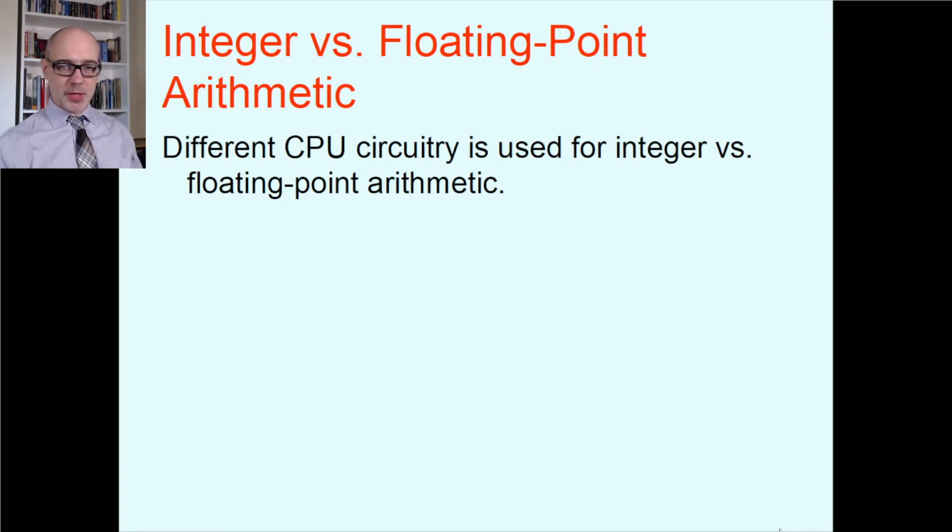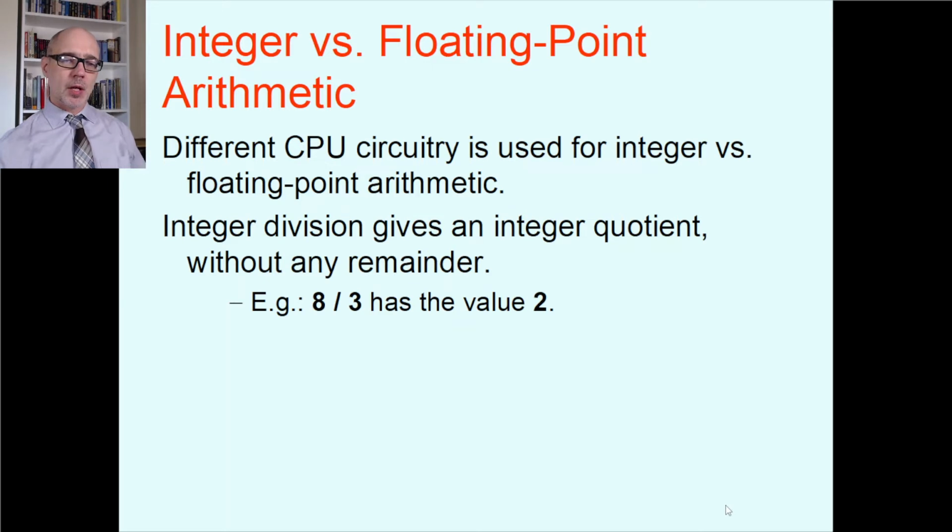Okay, so the CPUs actually have different circuitry for handling integer mathematics versus floating point mathematics. Different actual circuits, parts of the CPU. And the place where this is really going to become visible is specifically in the division operation. You're really going to have to be careful about that when you read it, okay? So here's the story for integer division. Integer division gives you an integer quotient without any remainder.